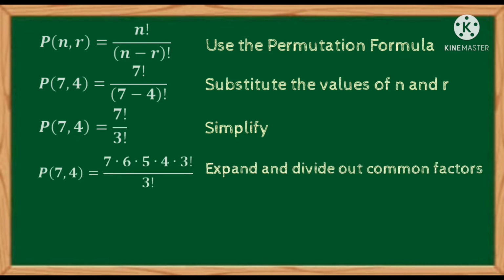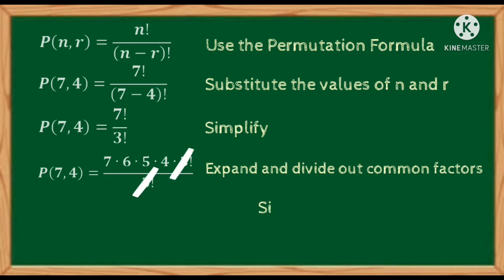Let's expand the factorial up to the factorial that is the same as the factorial in the denominator. As you can see, the factorial in the denominator is 3 factorial. So let's expand 7 factorial to 3 factorial in the numerator. Then let's divide out the common factors in the numerator and the denominator. So the greatest common factor is 3 factorial. So let's divide them out.